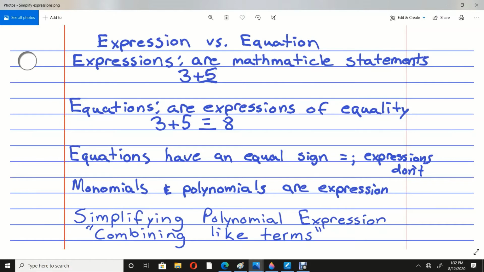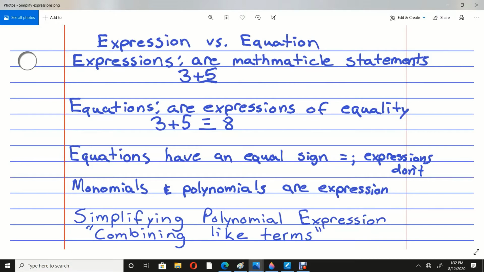That's as simple as that can be, okay? But it's important for you to have those terms. So if I talk about an expression, it means a mathematical statement like this that doesn't have an equal sign in it, right? Equations have an equal sign, expressions don't. Monomials and polynomials are expressions.